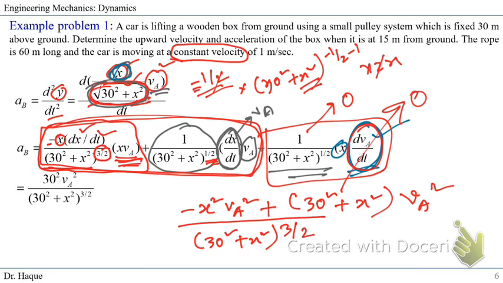You see these terms cancel out this term, and then we'll have 30 square times VA square. That's how we get this term. So this is the simplified term of acceleration AB.